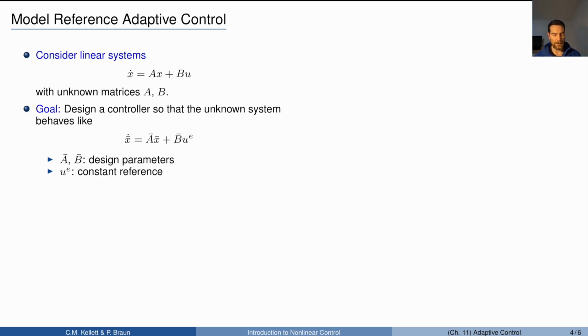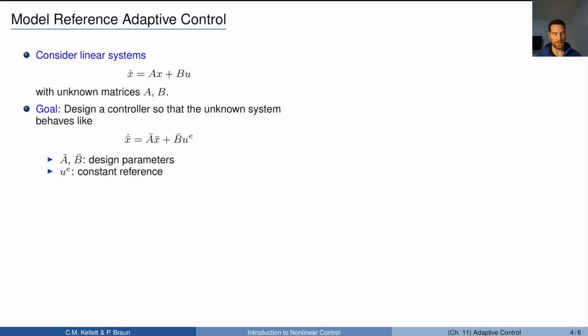And here the goal is to set up a corresponding reference system where we have x bar, A bar, and B bar, and a corresponding constant reference input u e, where we have three design parameters, namely A bar, B bar, and u e.